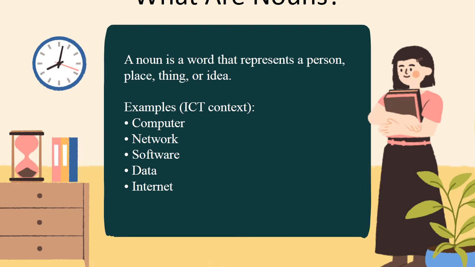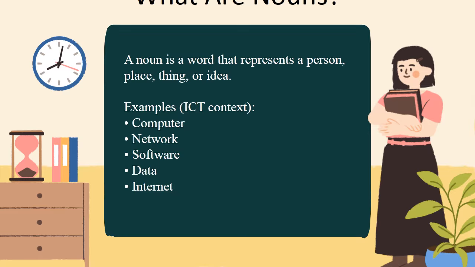So let's begin, and let's start with nouns. What are nouns? A noun is a word that represents a person, a place, a thing, or even an idea. In the computer sciences field or ICT context, nouns often refer to technological objects or concepts.